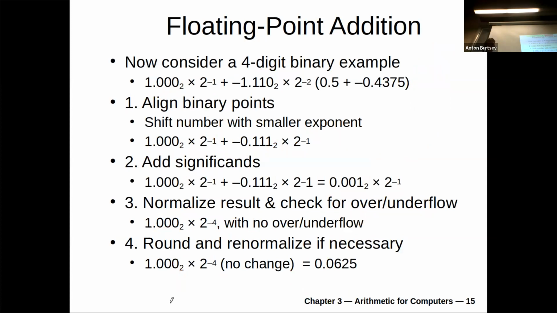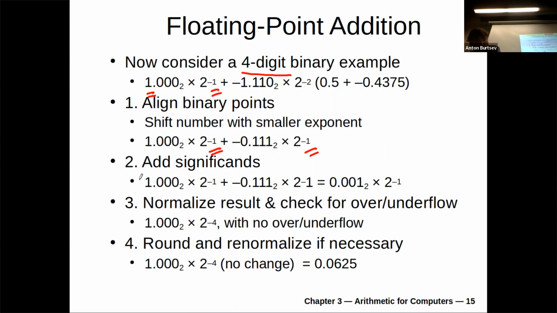So binary addition works exactly the same. It's the same idea. You have, for example, 2 four-digit binary numbers. Both are normalized, so 1 point something, times 2 to the power of some exponent. Again, we align the powers, getting to the same power here. What was in our original example 2 to the -2 power, if we want to normalize to 2 to the -1, we shift it, right?